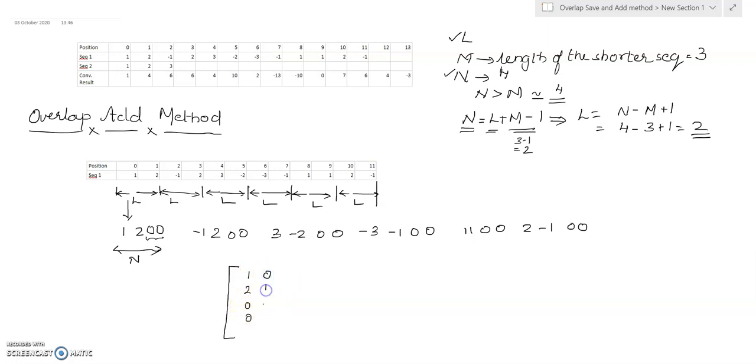This will be like 0, 1, 2, 0. Then it will be like 0, 0, 1, 2. Then it will be like 2, 0, 0, 1, and it has to be multiplied with the matrix 1, 2, 3, 0.